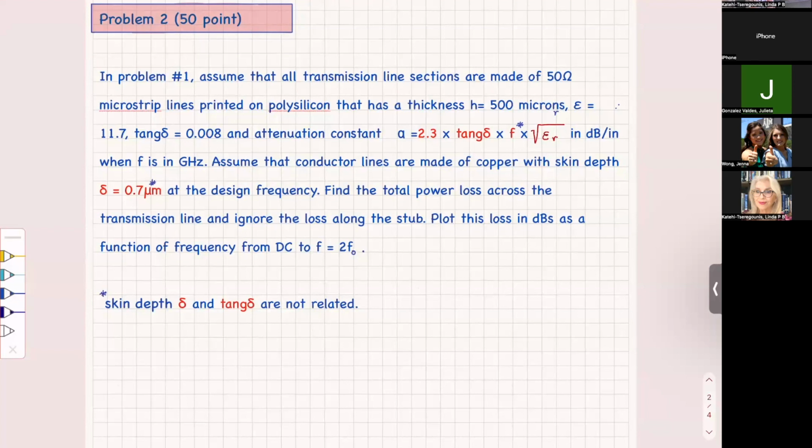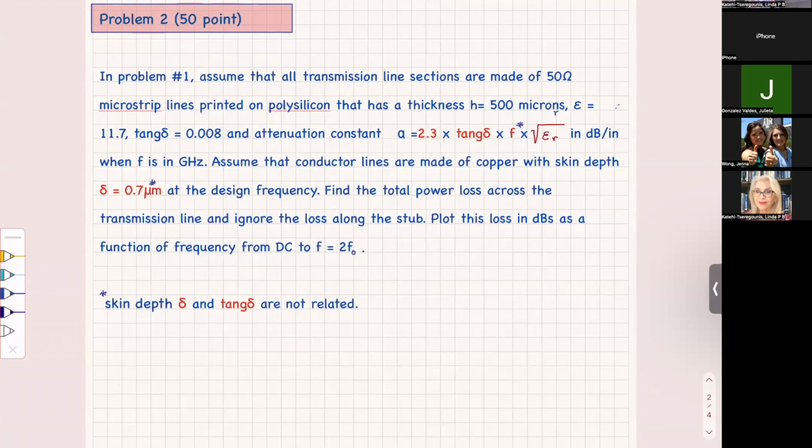If you go to the web, and you say that you need copper with a skin depth of 0.7 micrometers at the design frequency, practically you're going to find out how much your conductor losses are. You will find the conductor losses from the tables for copper.